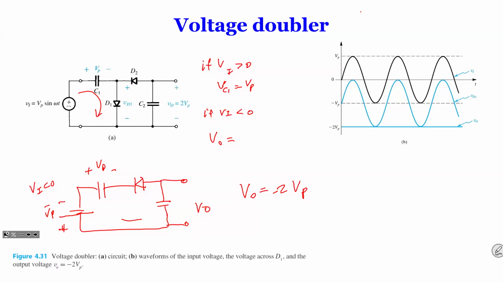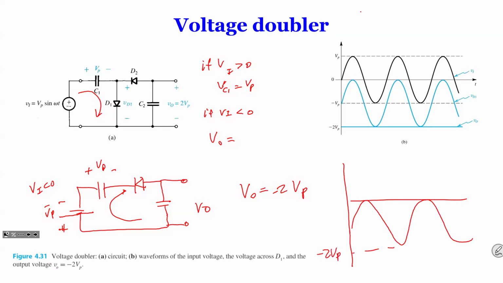If we write this equation here, VO will be negative 2 Vp. That is why with this circuit you basically drop to minus 2 Vp.